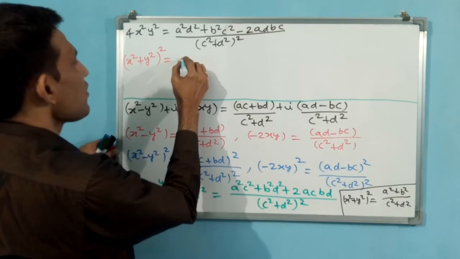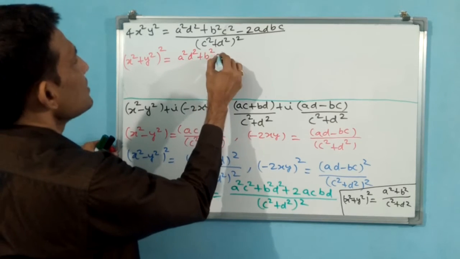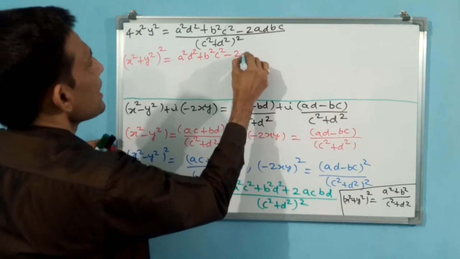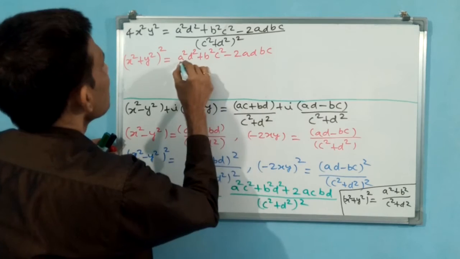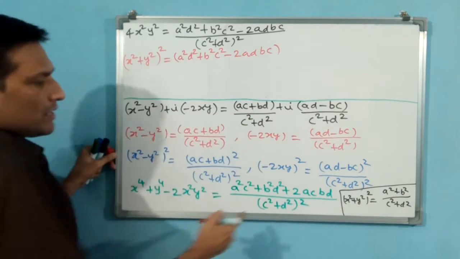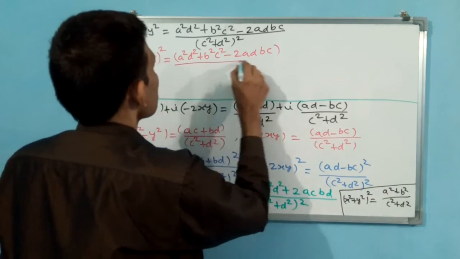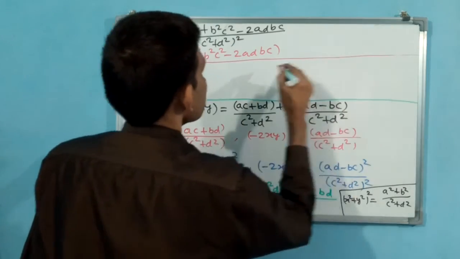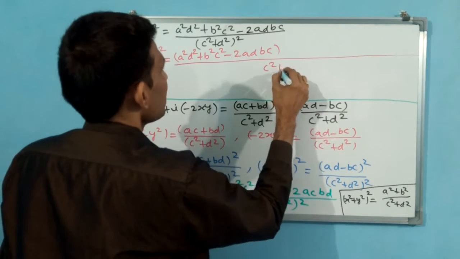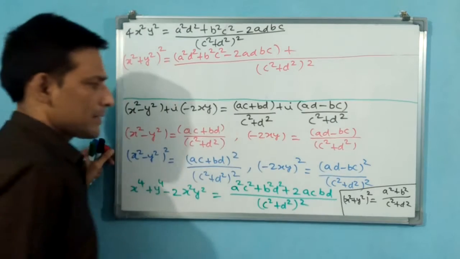Both are same. Anyway, you have to add. a square d square plus b square c square minus 2adbc. Okay, this is one. And you see, both are having the same denominator, that is why the same denominator you can keep. c square plus d square whole square.